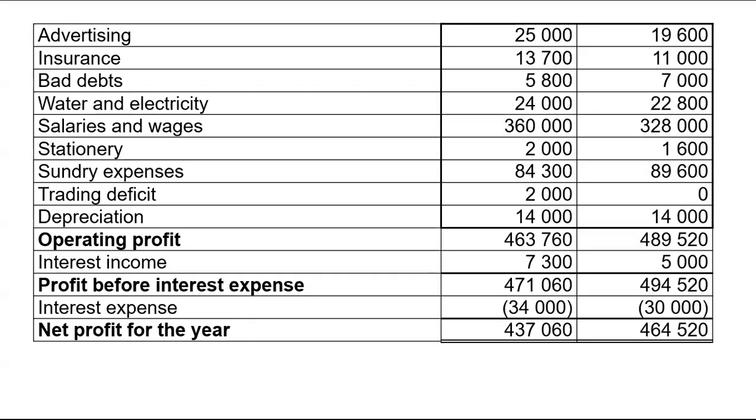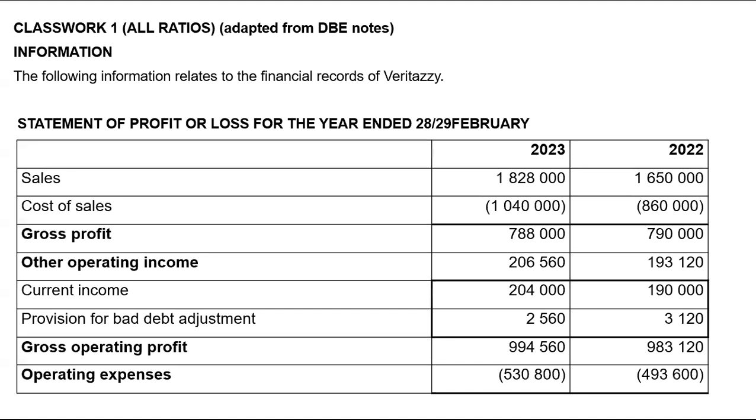Now, when you calculate your operating expenses on sales, as the formula says, it's operating expenses of sales. You will take your operating expenses and divide them by sales. Our operating expenses for 2023 was 530,800. You will divide that by your sales amount of 1,828,000.